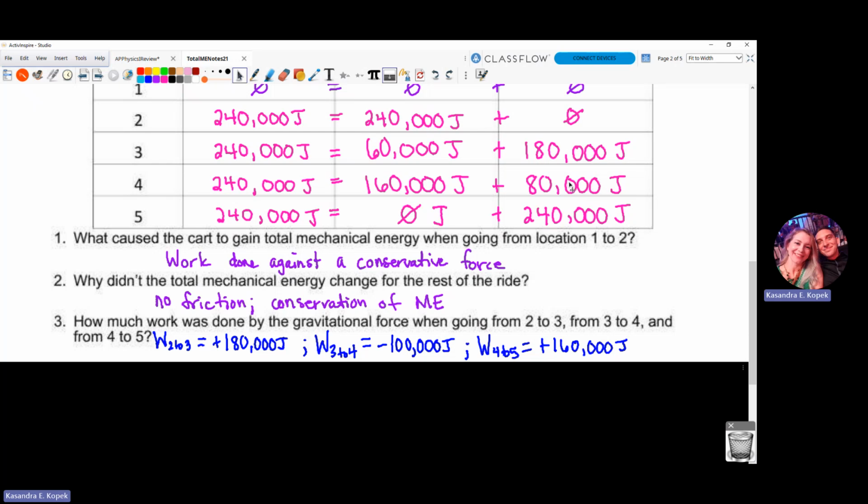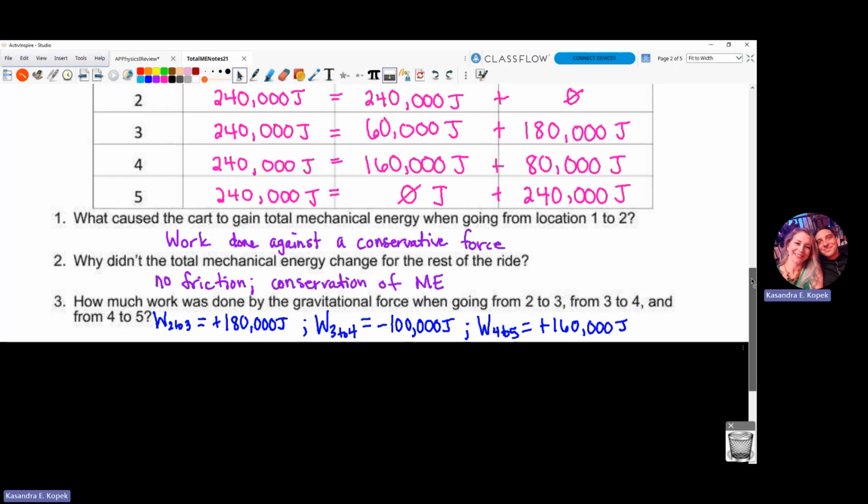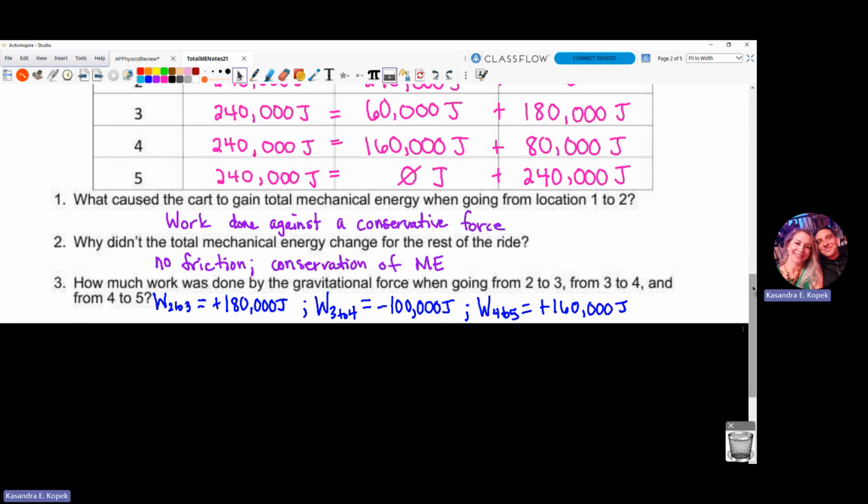And then you're going to have an increase in kinetic energy from 4 to 5 of 160,000 joules. So don't forget about your important relationship between the work done and the change in kinetic energy. That will help you understand which way it should be going, whether it's positive or negative.